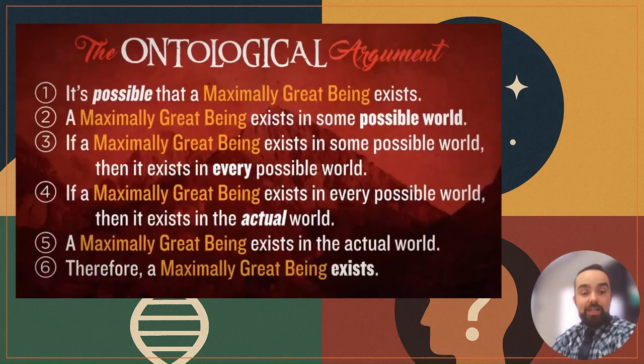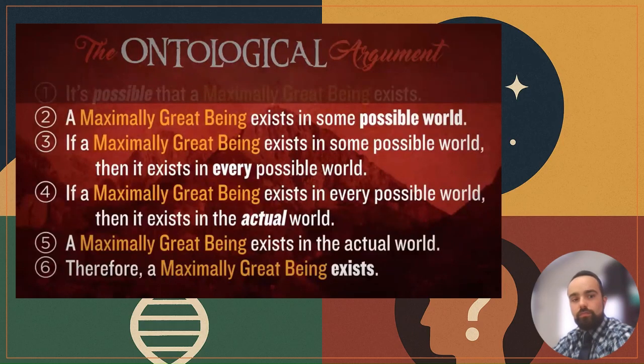Point 5, a maximally great being exists in the actual world. They would object to that. Therefore, a maximally great being does exist. So this is just taking a lot more labor to get every single point of the argument in there. And really, the crux of this argument is going to be that 3rd point. But let's see what this guy has to say.